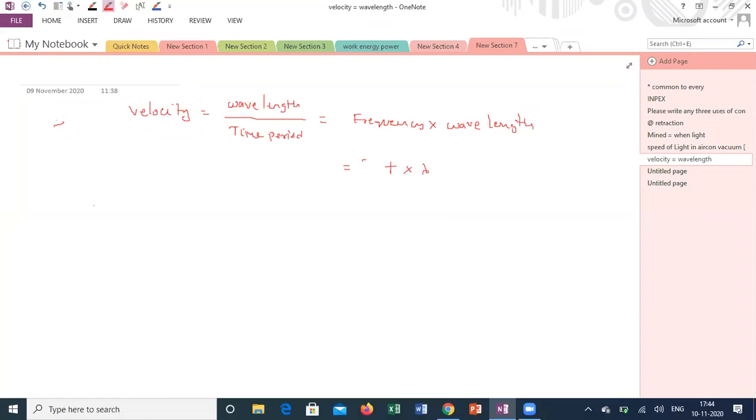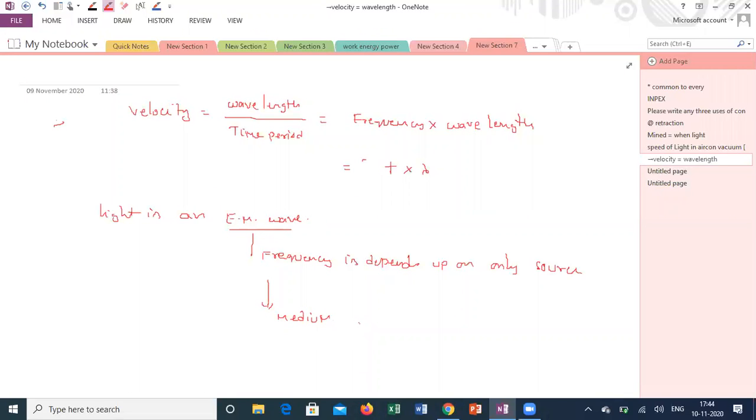But light is an electromagnetic wave. For this electromagnetic wave, the frequency depends only on the source. So whenever the light ray enters some other medium, the frequency always remains constant in any medium.